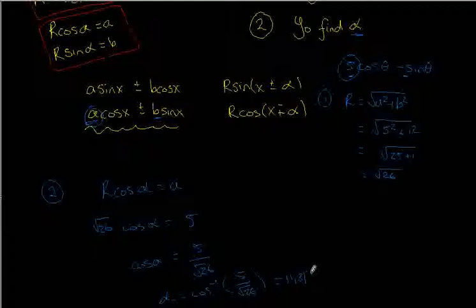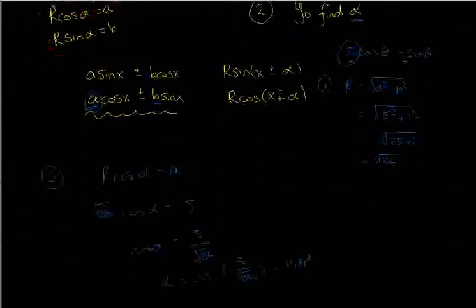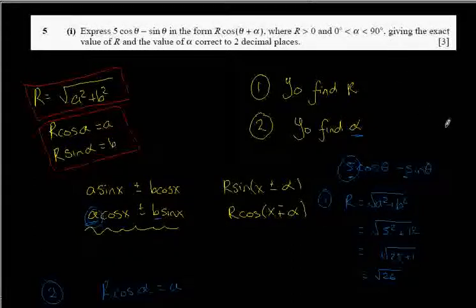Now all we need to do is double check everything. Is r greater than 0? The square root of 26 is greater than 0, that's good. And 11.31 degrees is between 0 and 90 degrees.